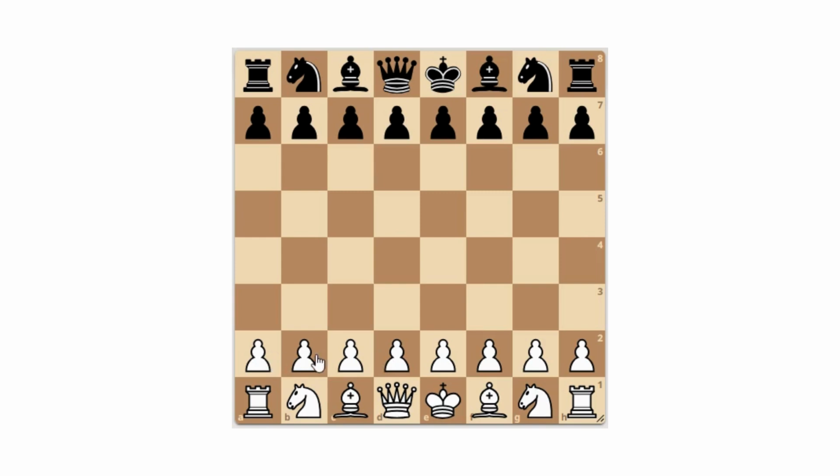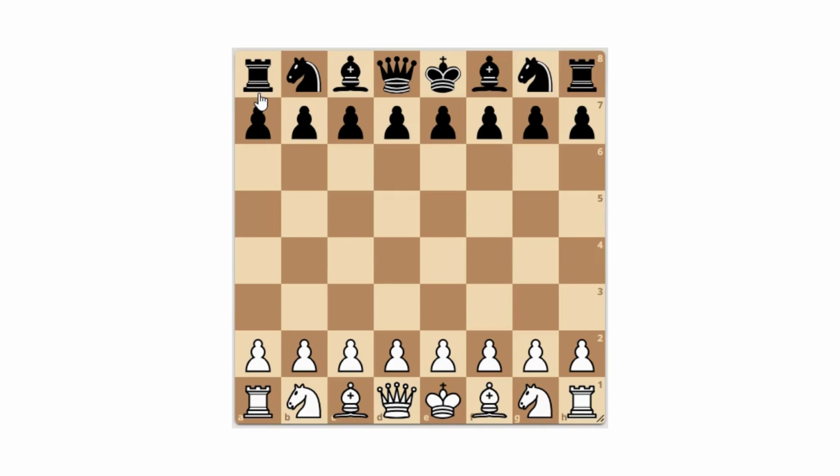So there are 8 pawns in one side, and this is called rook. This is knight or horse. This is bishop. This is queen, and this is king.